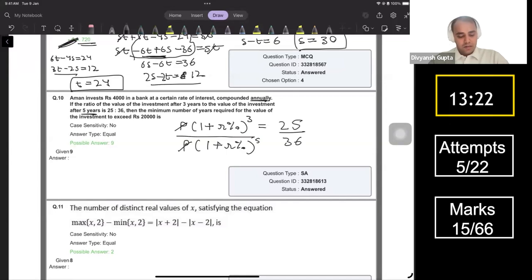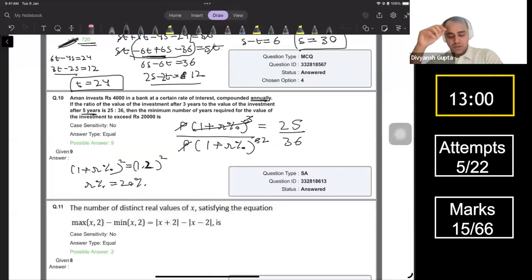I'll get 5 by 6. So (1 + R%) whole square is equal to 1.2 whole square. So R percentage is 20%.